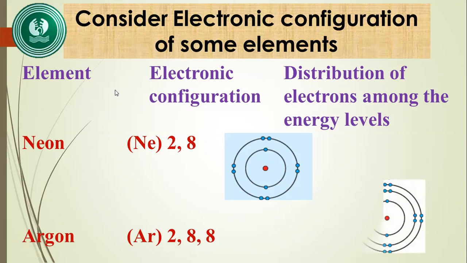Like that, in argon there are 3 energy levels around the nucleus. Its atomic number is 18, so it has 18 electrons. In the first energy level there are 2, in the second there are 8, and the third is also 8. So the valence shell of argon is the third energy level, which has 8 electrons. That means it obeys the octet rule.